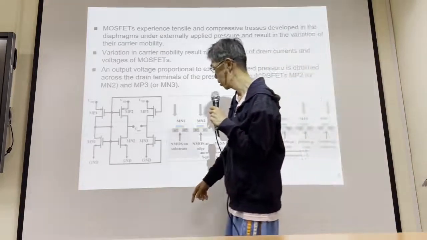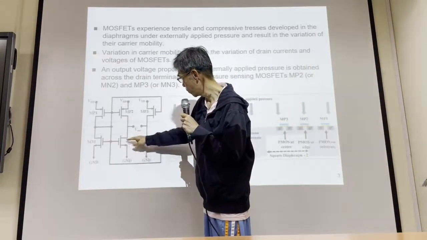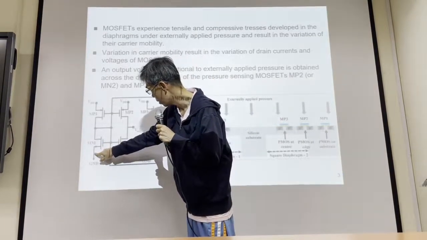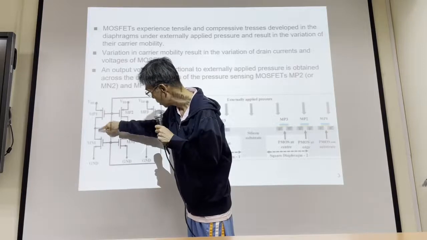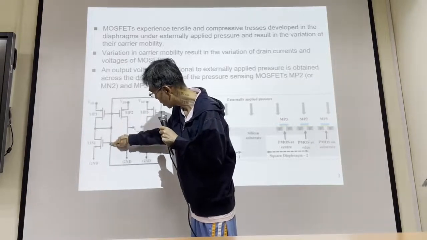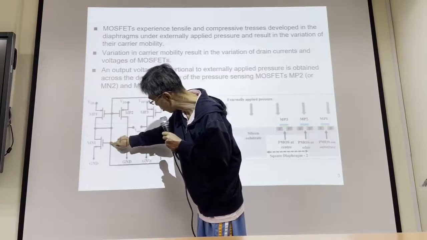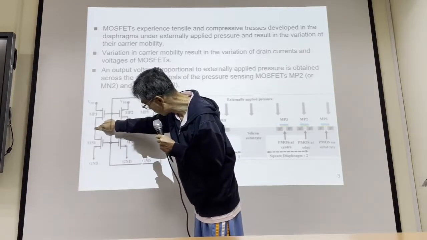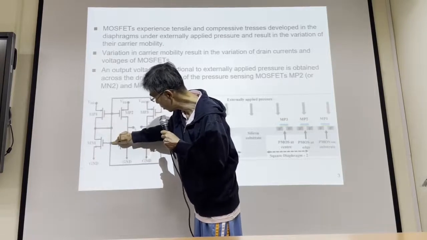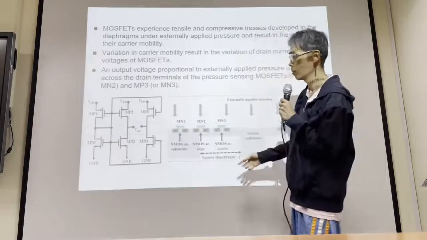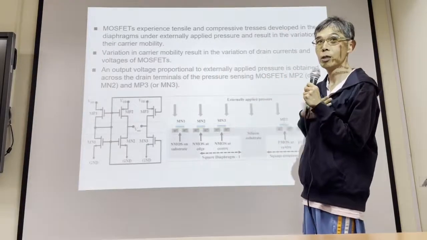For VGS1 and VDS1, they are connected. See, they are connected, so VGS1 and VDS1 are equal because VD and VG are equal. Frank, do you follow me?